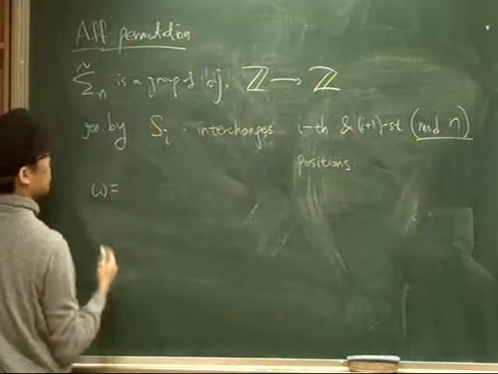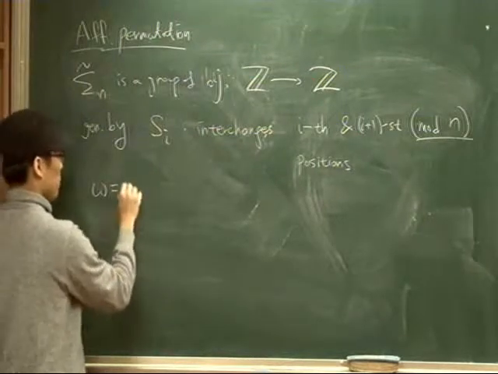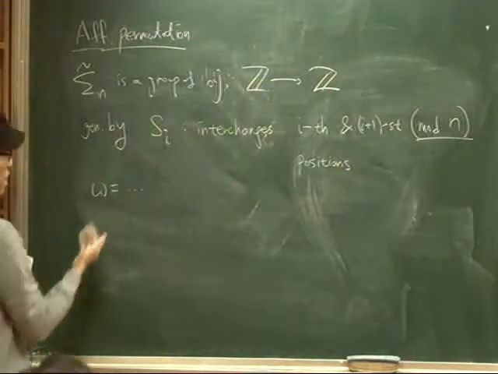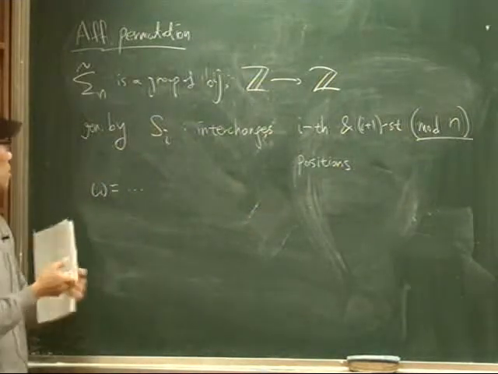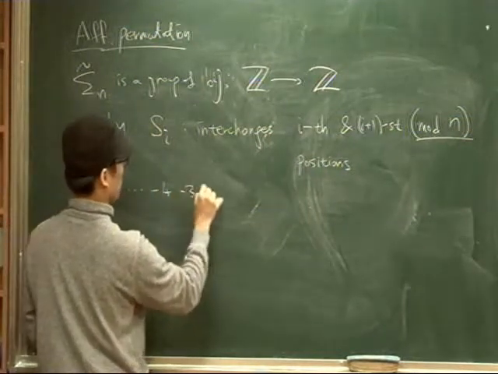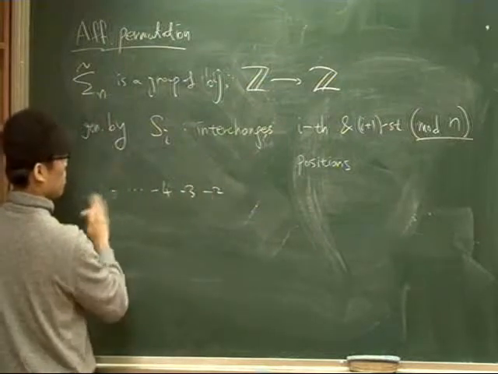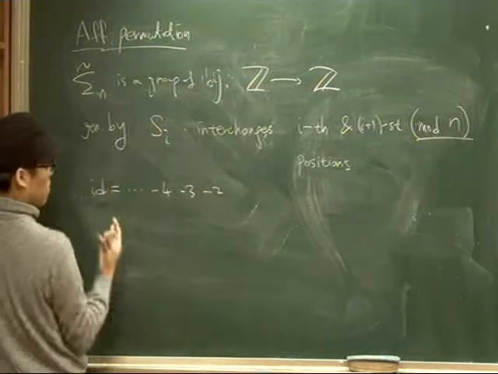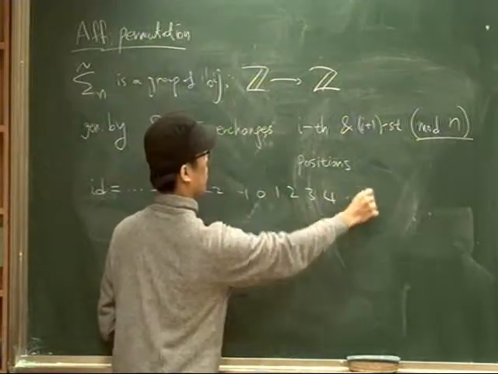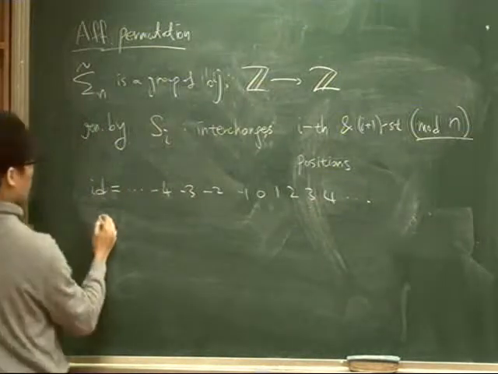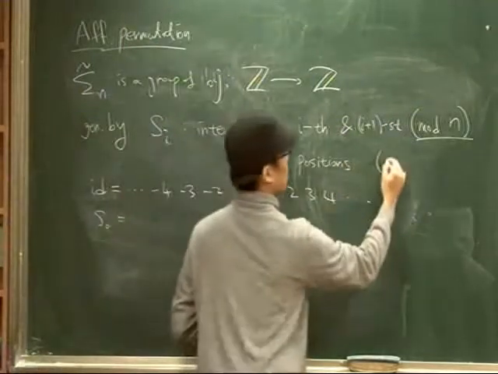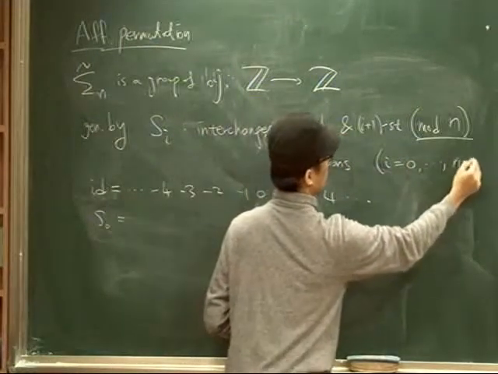And W is a bijection from Z to Z, so it can be realized as an infinite sequence of integers. Say the identity element is going to be like this, and say s_0. Here i goes from 0 to n minus 1.